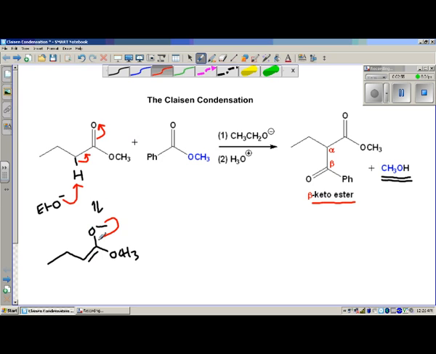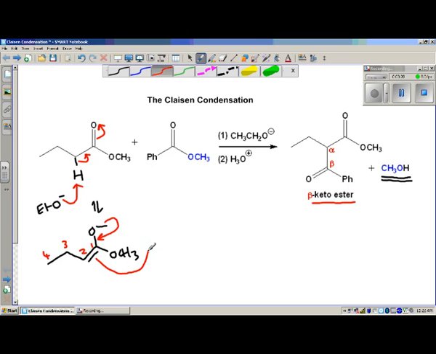The electrons from the O- go back down, kick out the double bond electrons, meaning this carbon, if we call this carbon 1, 2, 3, and 4 here, meaning carbon 2 is the nucleophilic carbon, and that goes up and attacks the carbonyl group from the other molecule, in this case the other ester.